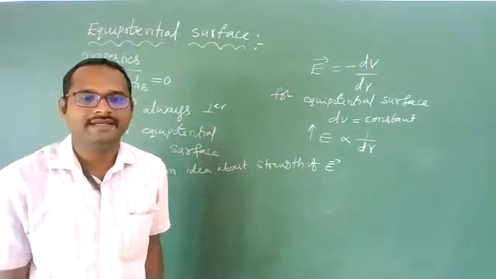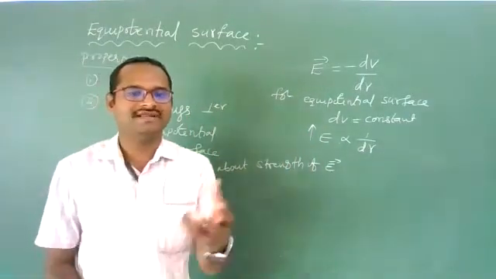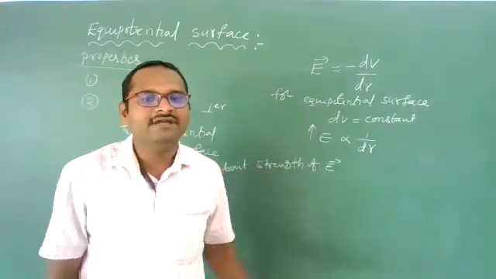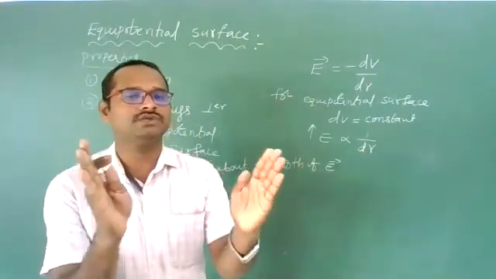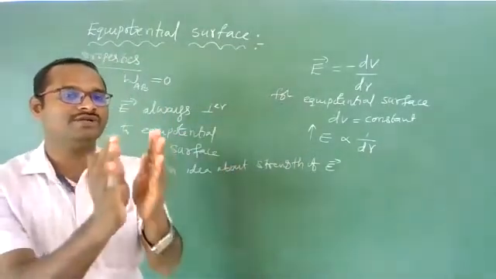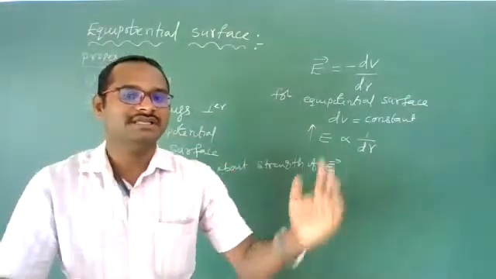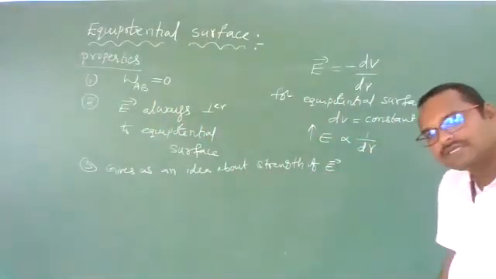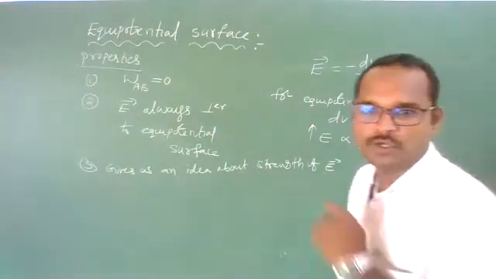How can you find where the electric field is more and where it is less? Just by seeing this. Wherever equipotential surfaces are closer to each other, their electric field strength is more. Wherever equipotential surfaces are away from each other, their electric field will be less. Clear? Okay, this is the third point.